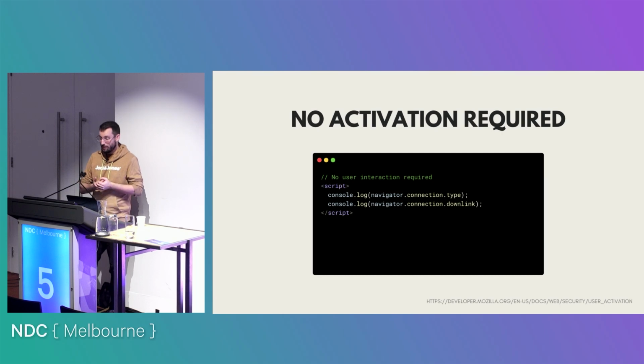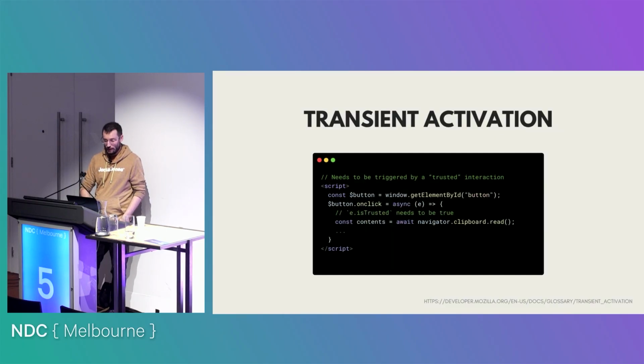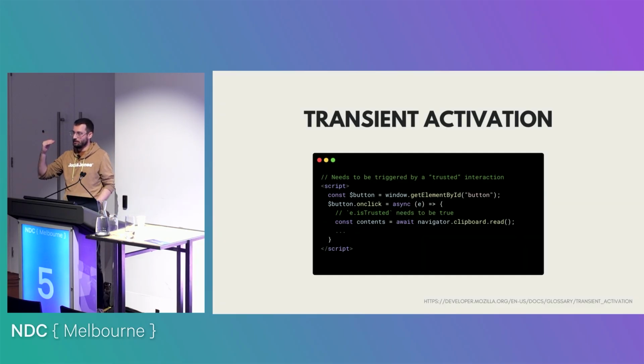So some APIs are less of a concern, so there's no activation pattern needed. They can just be called in any context and they just work. And then we have what we call transient activation. Those APIs only work if they are called within specific events that are called trusted events. If you ever logged a whole event object out, you might have seen the isTrusted attribute on this.